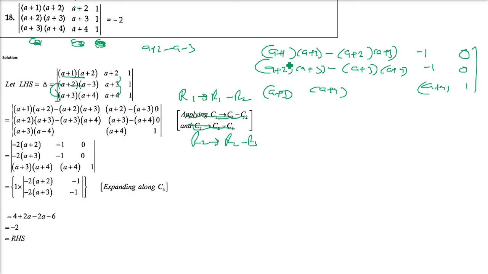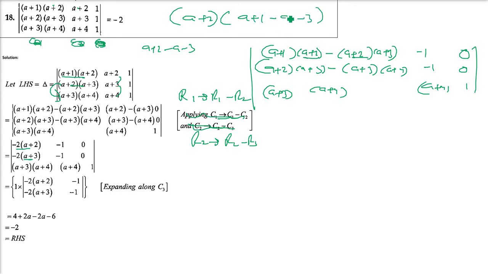Okay, now let us see what the first element, that is a1,1, becomes. So here you can take a plus 2 common. If I tell you this one, you will be able to know what is going to be in the a2,1. So I am doing the first one. So a plus 2 I am taking common from here. What do we have inside? A plus 1 and minus a minus 3.